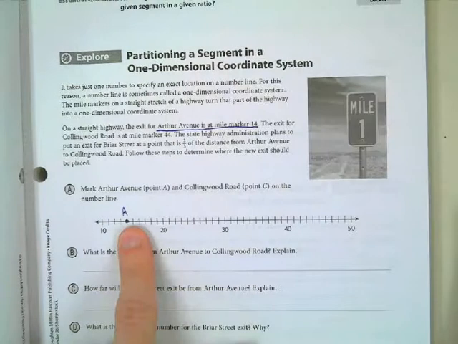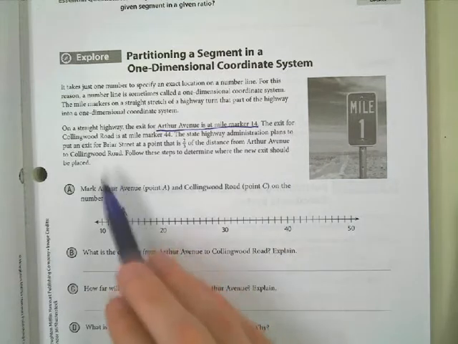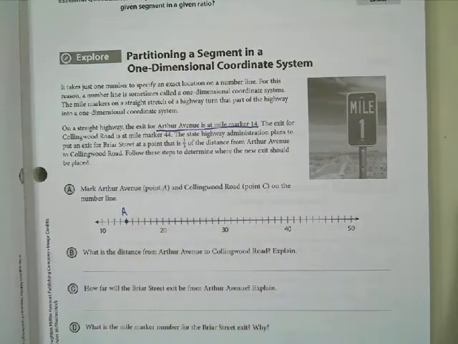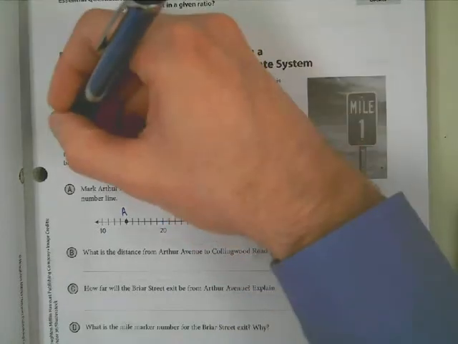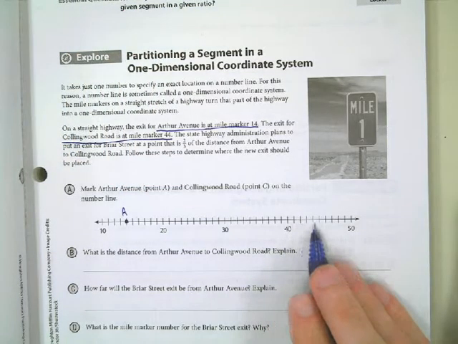And the exit for Collingwood Road, which we're going to call point C, is at mile marker 44. So here's 40, then 41, 42, 43, 44.